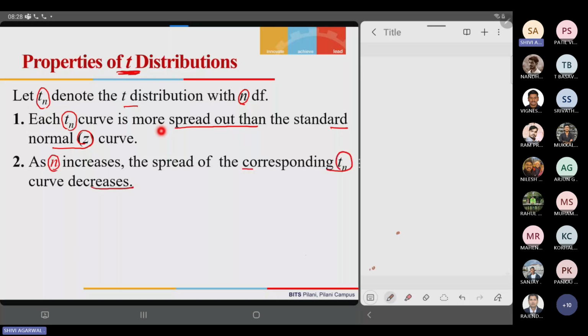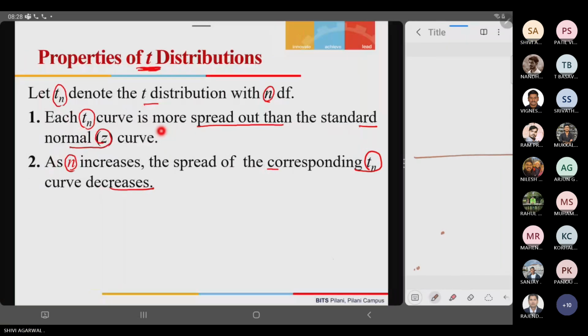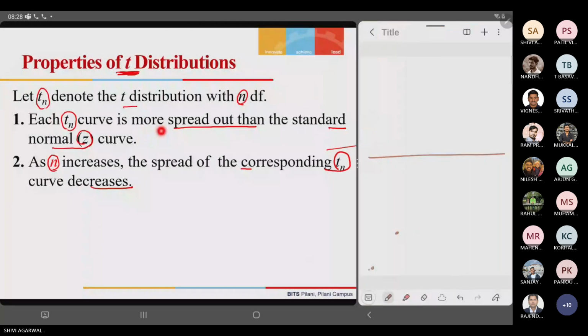It depends upon the spread here. Let us suppose this is the curve, and it is more spread out. When n is increasing, it will become like this, and the peak is higher.